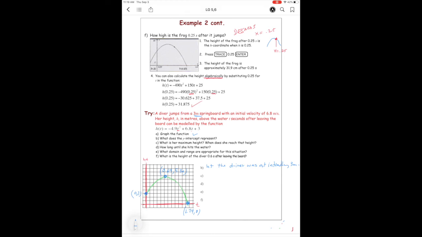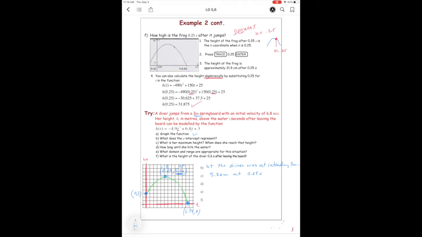Okay, what is her maximum height? Well, she's in the air and she gets to, remember, this is your time, this is your height. So it's 5.36 meters at 0.69 seconds. That's when she reached that maximum height.